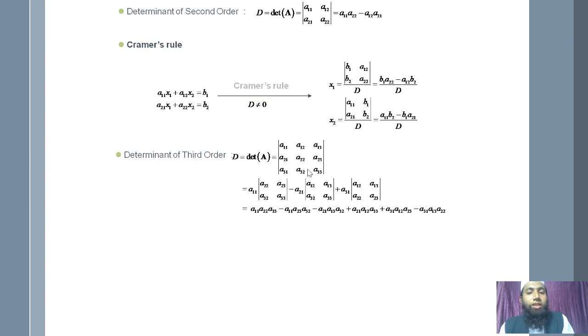We are taking the determinant of this one, a22, a23, a32, a33 minus, we are changing the sign of this one, a12. Likewise, here a11 we are taking and we are taking the determinant by skipping this column and this row. Okay, no doubt, but after taking this we are moving towards this one.